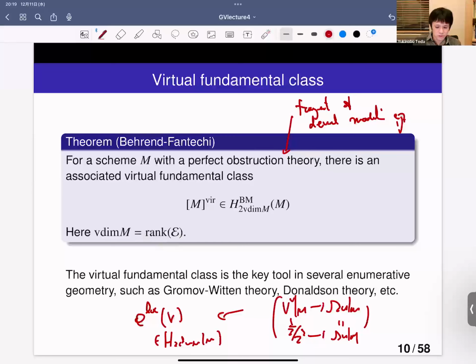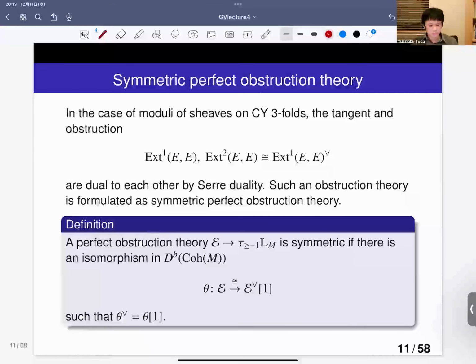So the perfect obstruction theory was this one. And the rank of E, if E is a complex of this form, is given by the difference of the ranks. But in the case of moduli of sheaves on a Calabi-Yau threefold, the obstruction theory is more special.